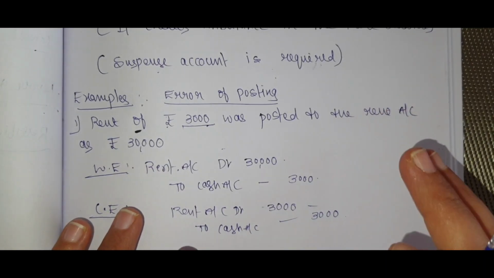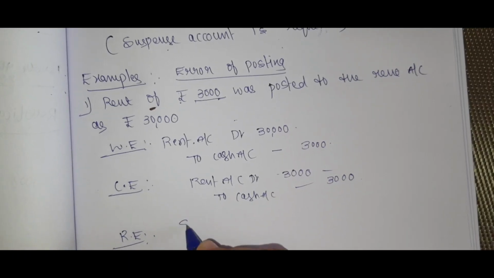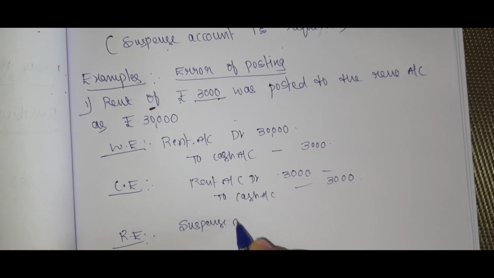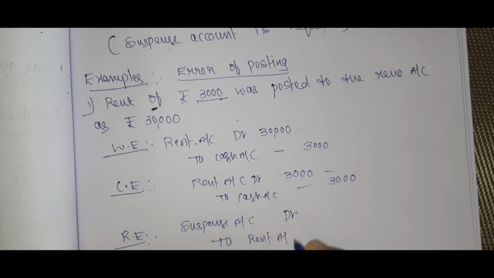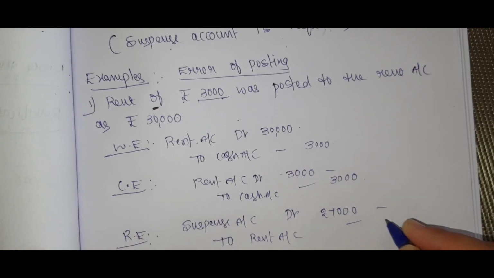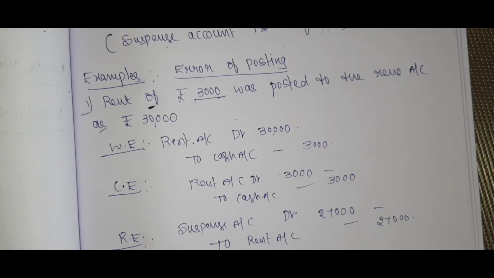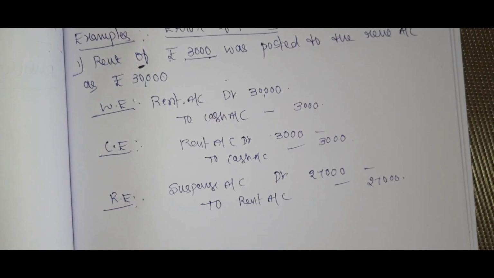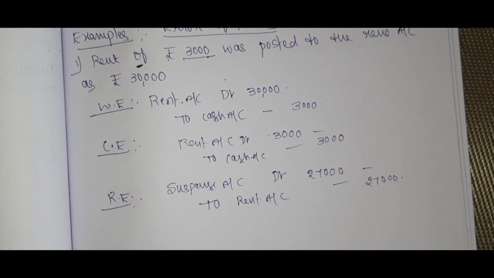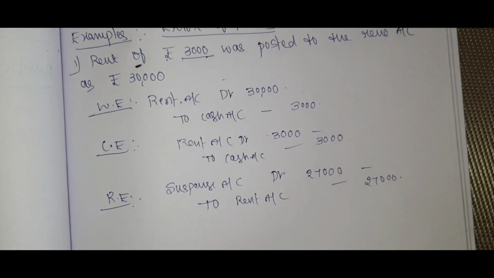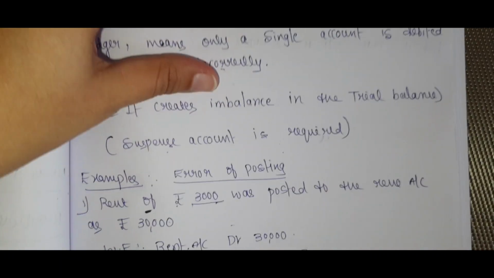Suspense account debit to rent account, rupees 27,000. Here we have to write down the difference, remember. So what is the narration? Being excess rent amount wrongly debited, now corrected. Okay, this is the narration. Now we will see the next example.